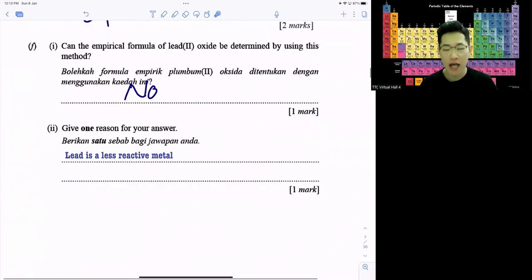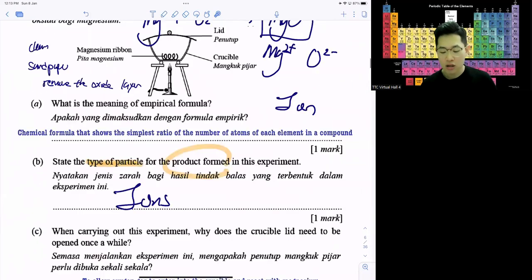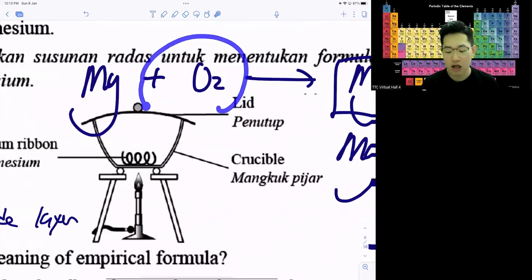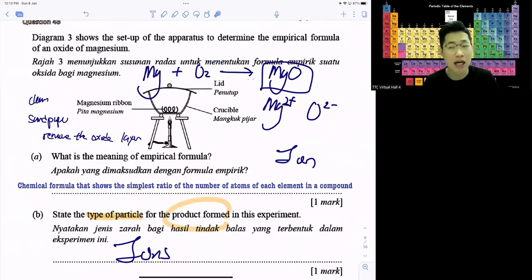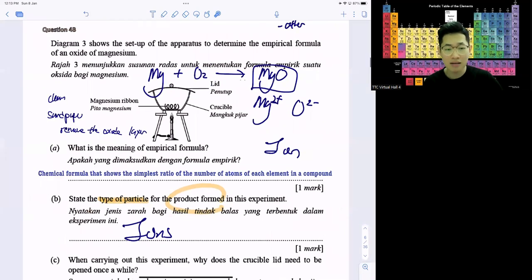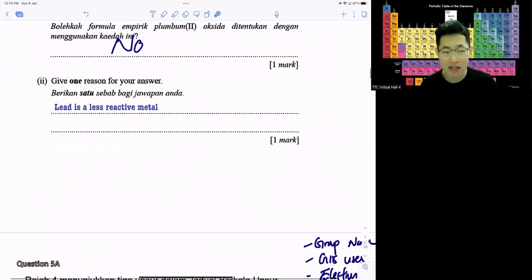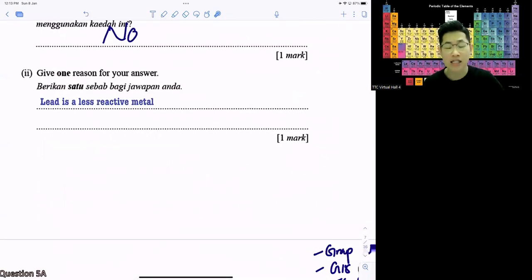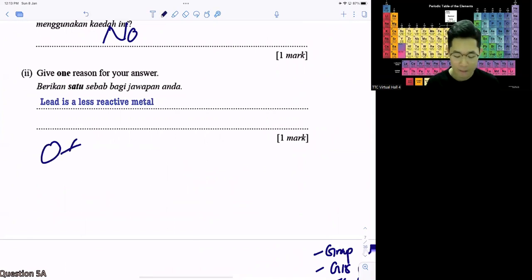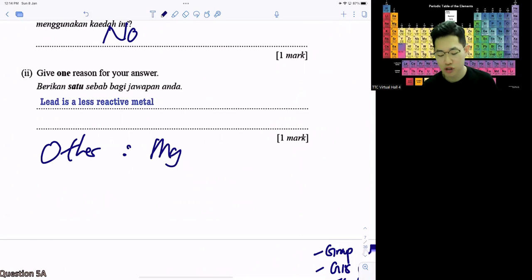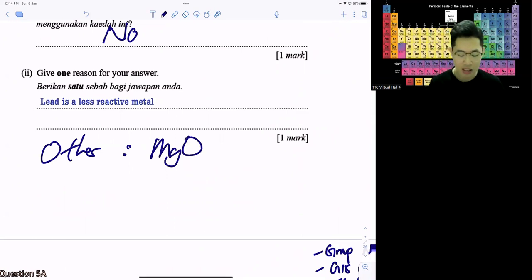It is not reactive enough to burn directly with oxygen. It must be reactive enough so it can burn directly in oxygen.